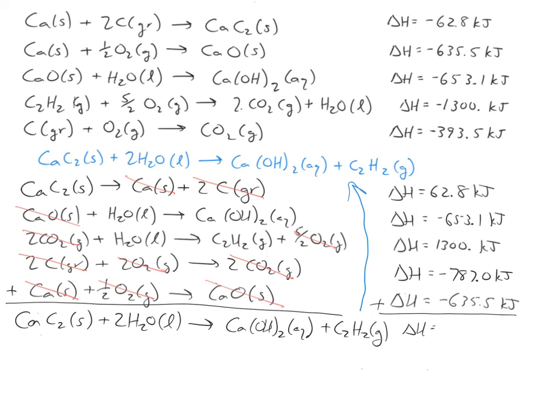So the delta H for this reaction is positive 62.8 plus a negative 653.1 plus 1300 plus a negative 787.0 plus a negative 635.5. And I get negative 712.8 kilojoules. And that then is the delta H for this unknown reaction.